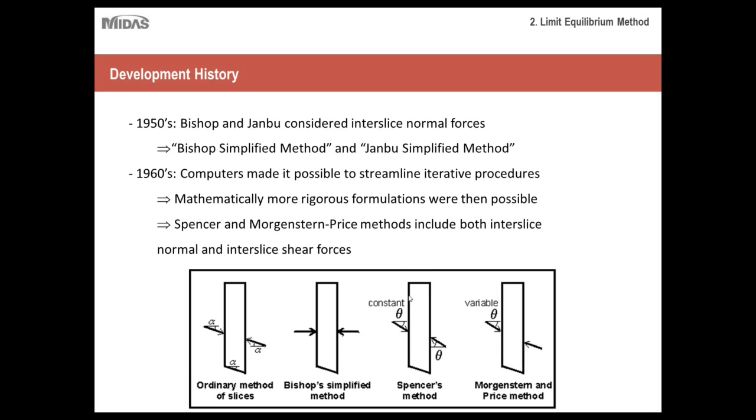So as you can see, Spencer's and the Morgenstern-Price method not only consider the normal forces of the interslice forces, but also shear forces, or forces that are acting up and down between the slices. So this is harder to do. It's more mathematically rigorous, but because of computer programs, engineers were able to utilize these methods to get more accurate results, or more detailed results as far as their limit equilibrium methods.